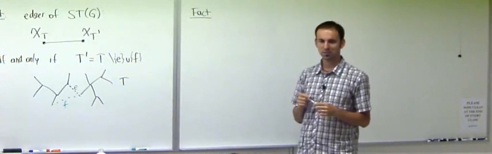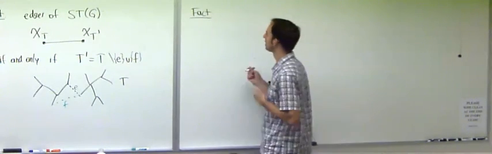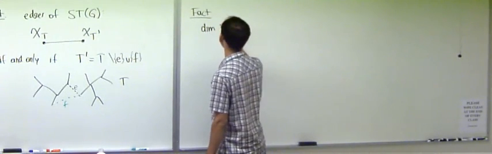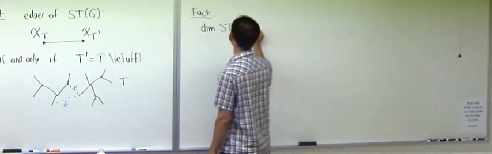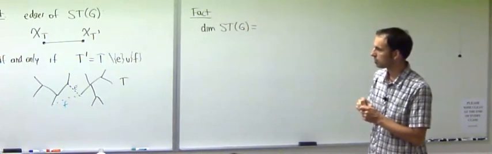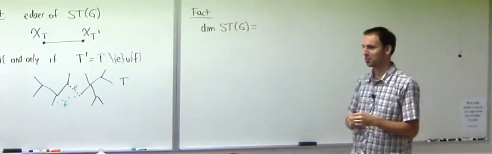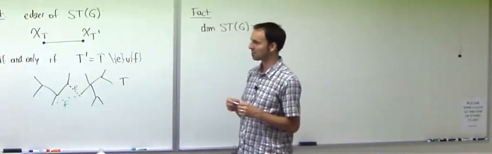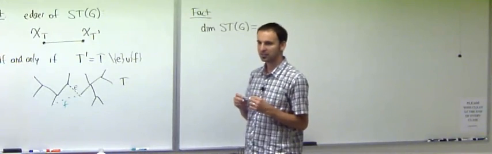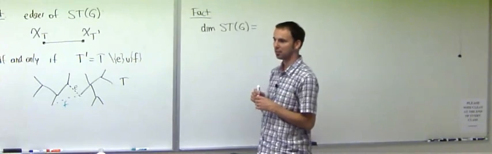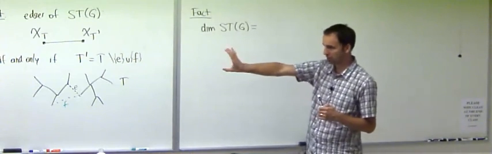How many dimensions does it have? The dimension. What dimension does this guy live in? E, right? The number of edges, because it lives in R to the E.